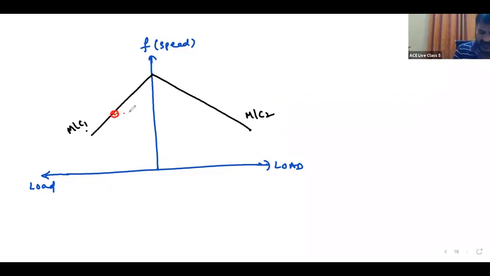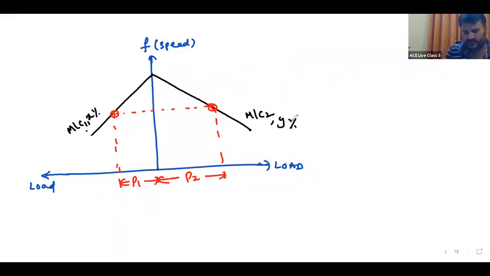But both will operate with a common frequency. Based on that, the load sharing of the first machine is P1 and of the second machine is P2. This has some X percentage drooping, and this has Y percentage drooping, for proper sharing of load.